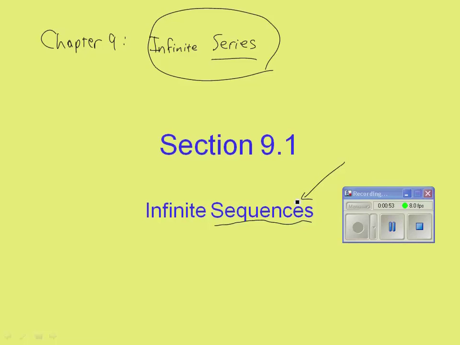Some pre-calculus classes spend a long time on sequences of numbers, and some don't. So in my mind, it's an important section.